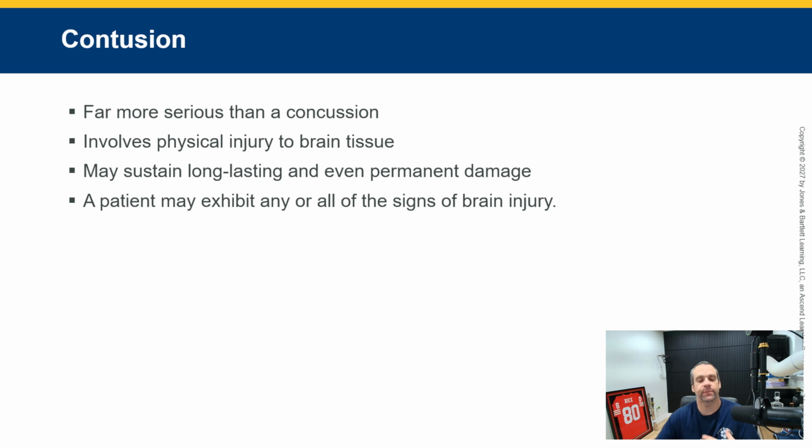This contusion produces actual structural damage to the brain, and this can be visible on hospital imaging. The bleeding and swelling associated with a contusion can increase the intracranial pressure and cause a lot of the warning signs associated with severe brain injury, like confusion, reduced consciousness, seizures, weakness, and pupillary changes. Because the brain tissue has been physically injured, the effects could be a lot longer lasting and potentially permanent.